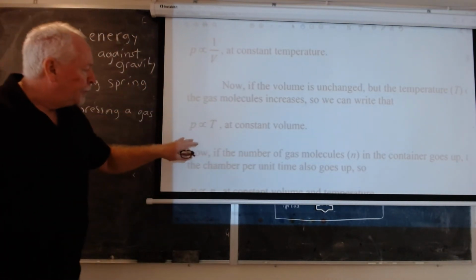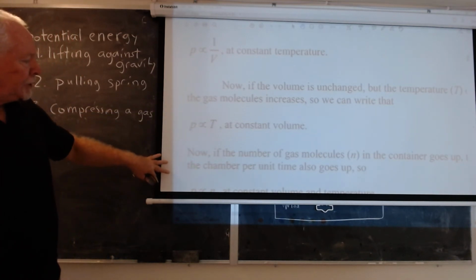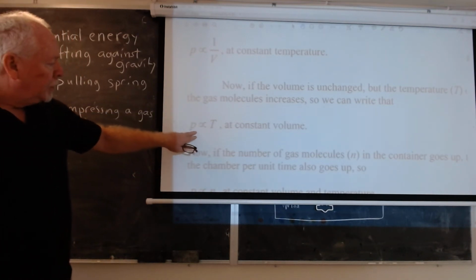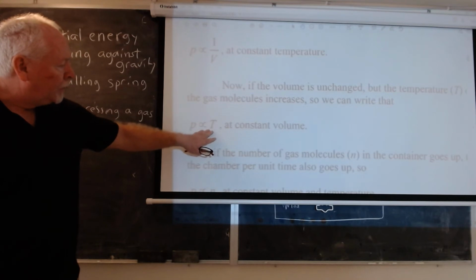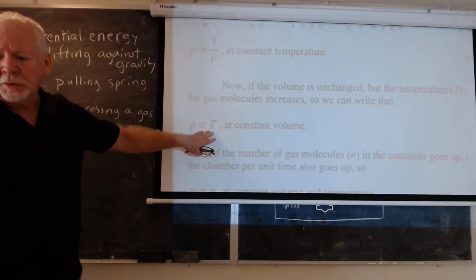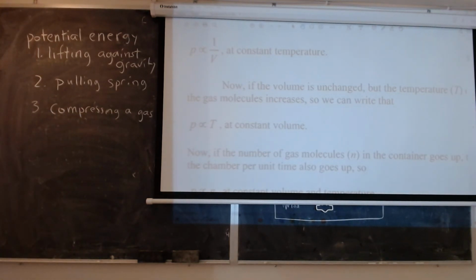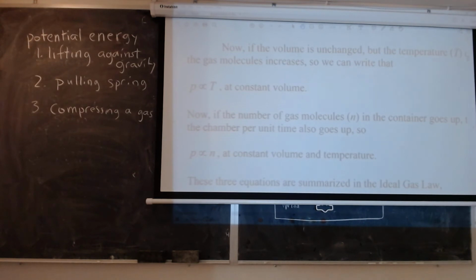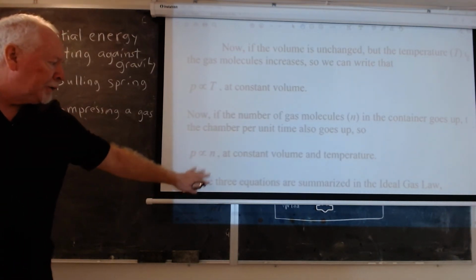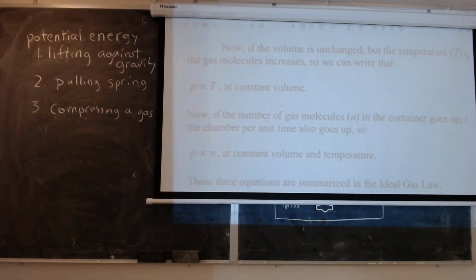But there are other parts to this equation. If I raise the temperature of a gas, its pressure will also go up, and if I were to increase the number of molecules in the gas somehow, its pressure would also go up.